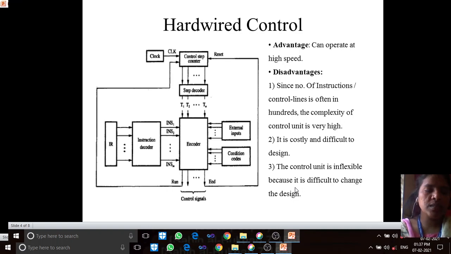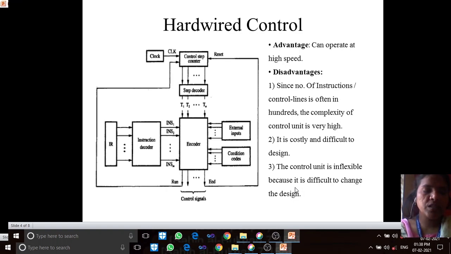Individual control signals: Yin, PCout, Add, End, and so on. For example, Zin equals T1 plus T6 AND Add plus T4 AND BR. T1 means the signal is asserted at time slot 1. T6 means the signal is asserted at time slot 6.